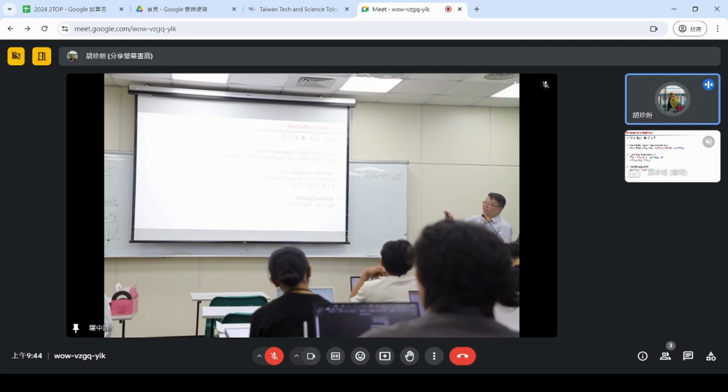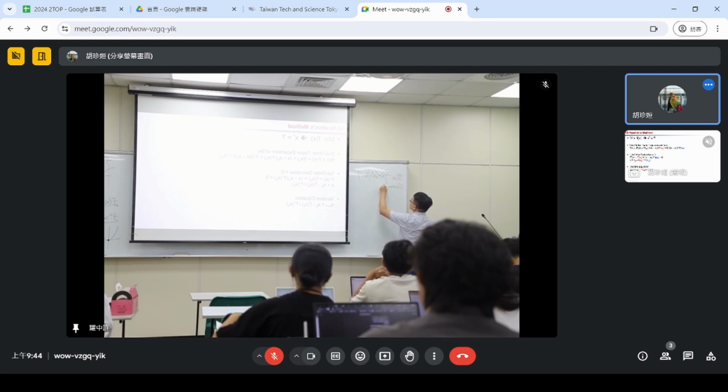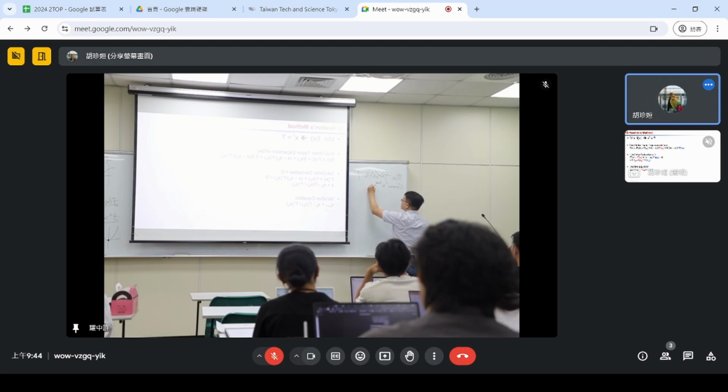I can show you very easily. I have an initial guess, a random guess, 1. What Newton's method says is I need to compute f prime of x and f double prime of x.